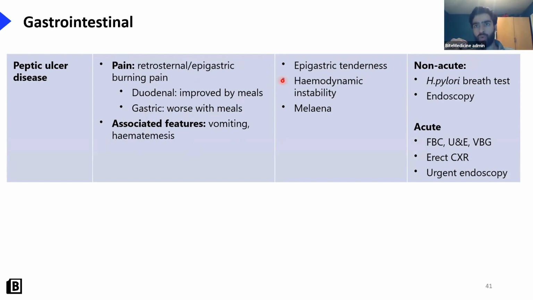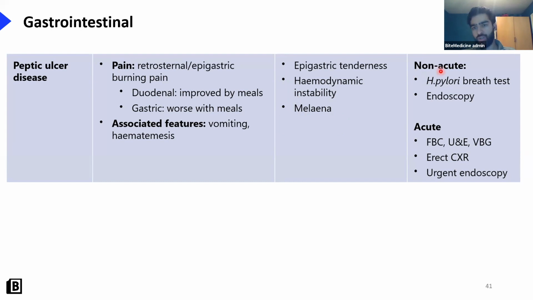Patients can be well or they can be unwell depending on how significant the bleeding is from the ulcer or if there's any perforation. You should always check the rectum for melena in a patient with peptic ulcer disease or any upper GI bleed. So that is black stools, okay? Upper GI bleeding causes black stools.